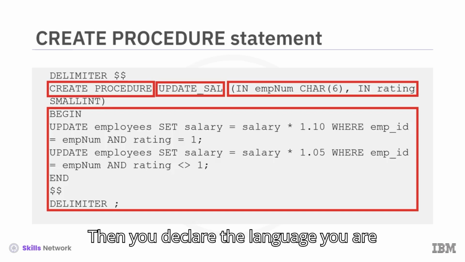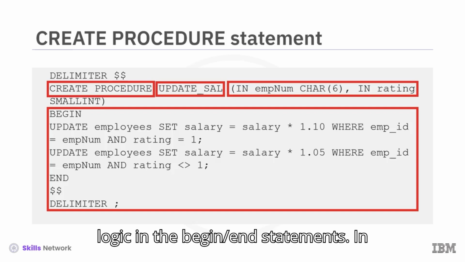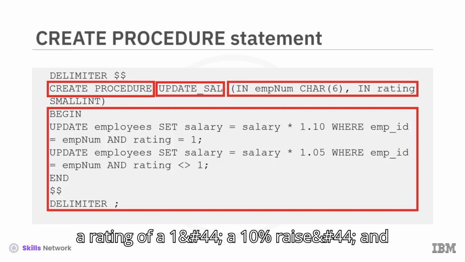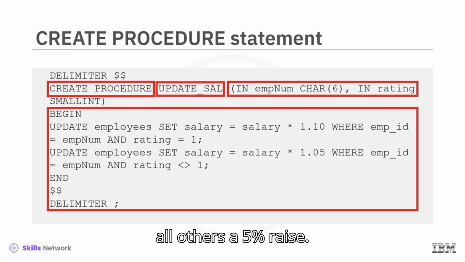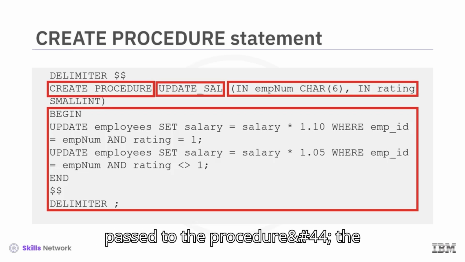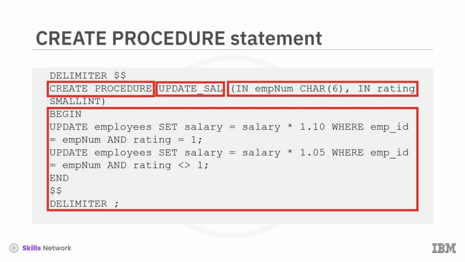Then you declare the language you are using. You then enclose your procedural logic in the begin-end statements. In this case, giving employees who have a rating of 1 a 10% raise and all others a 5% raise. Notice that you can use the information passed to the procedure, the parameters, directly in your procedural logic.